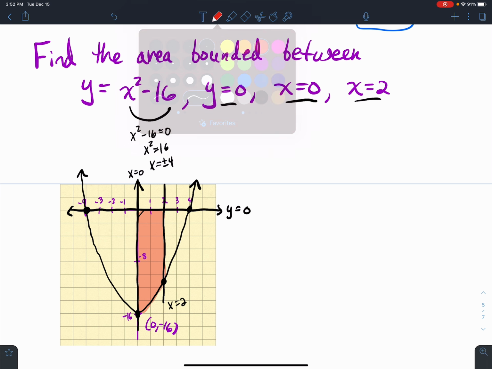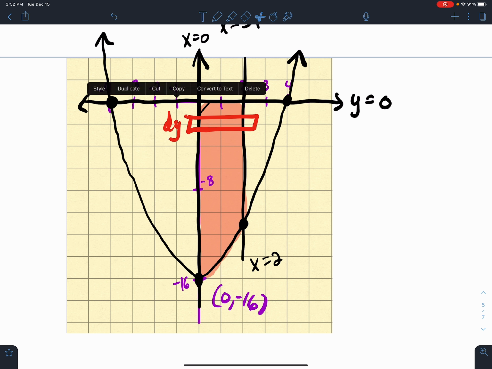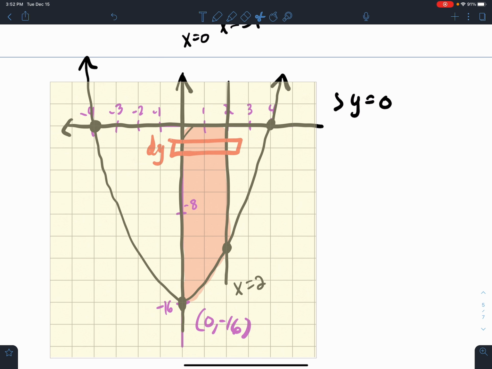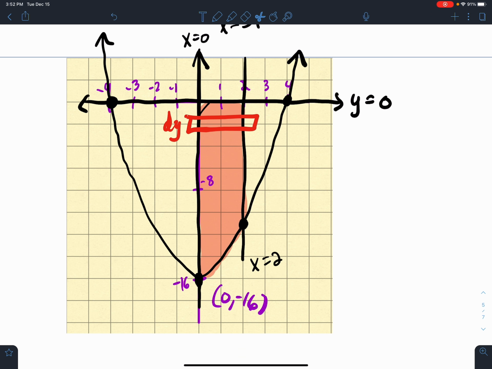Is it x easy or is it y easy? Well, if I draw a dy, is that easy all the way through? Well, right and left stay the same. Uh-oh. Okay, let me try that again. Right and left stay the same until we get to here, and then all of a sudden the right side changes and it becomes the parabola.